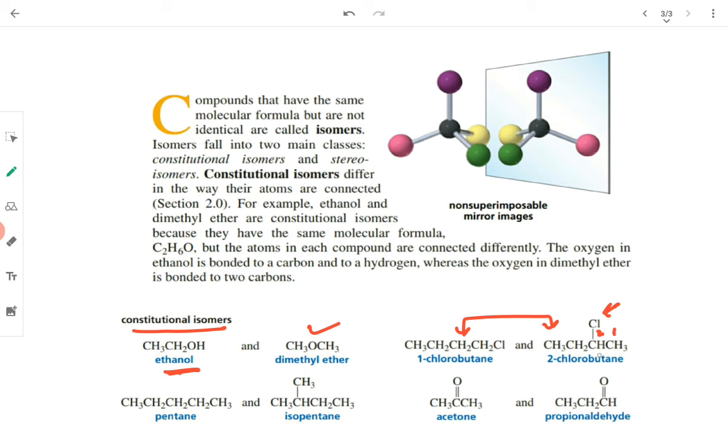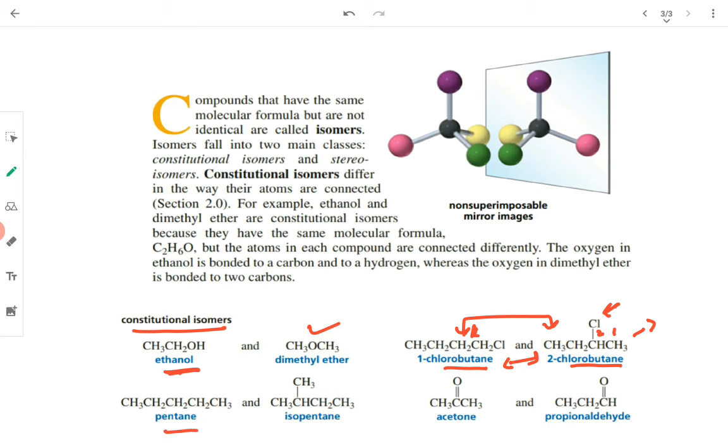So chlorine is attached to carbon number 2, so it's called 2-chlorobutane. In this molecule, this chlorine is attached to carbon number 1. So the bonding is different. In one, chlorine is attached to carbon number 2. In the second, chlorine is attached to carbon number 1. So they are constitutional isomers to each other.